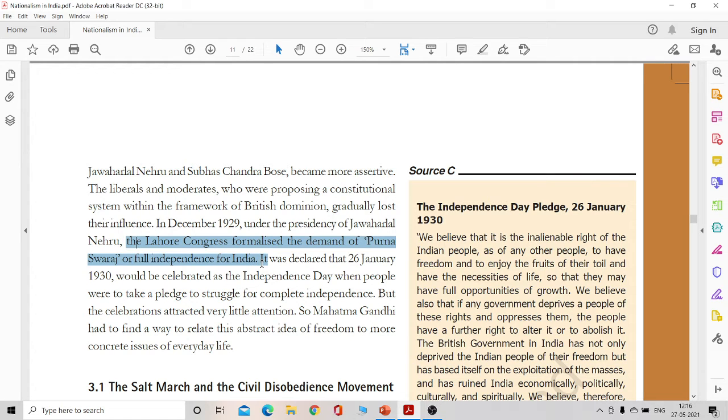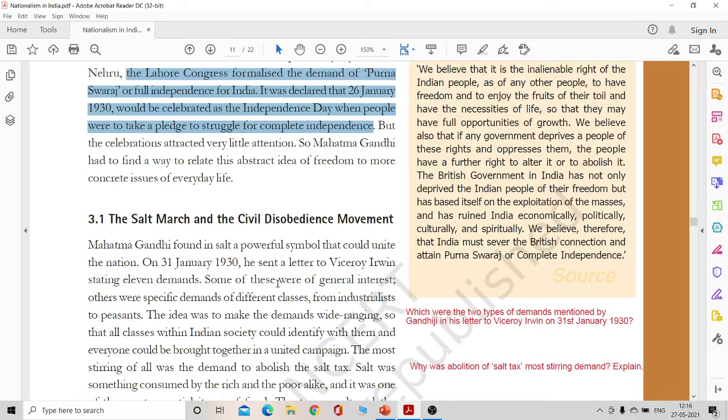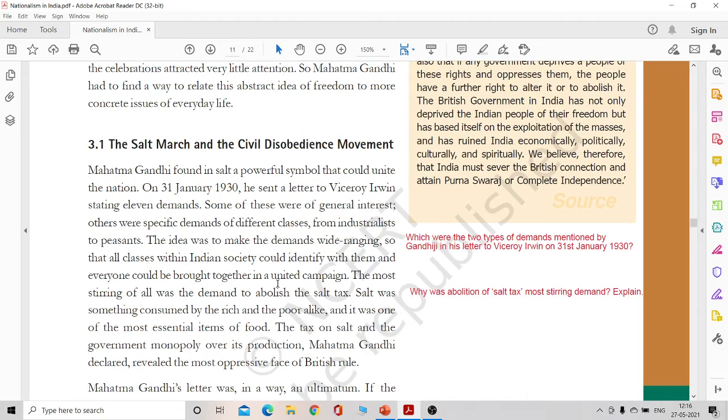When was Purna Swaraj declared? On 26 January 1930, and it was celebrated as Independence Day. And people were to take a pledge to struggle for complete independence, right? Next, moving on to the Salt March. The type of question that comes here is, which were the two types of demands mentioned by Gandhiji in his letter to Viceroy Irwin on 31st January 1930?